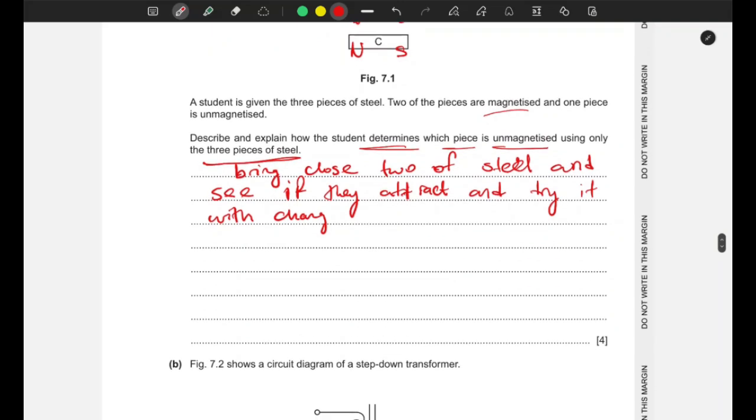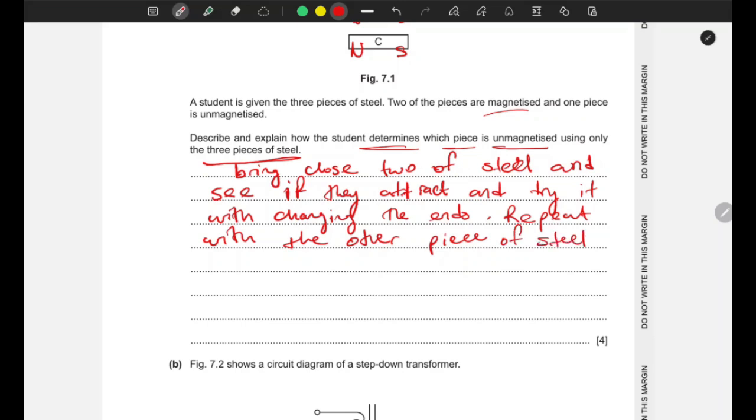So what can I say? What we can say is try with changing the ends, and we should repeat this with the other steel too. So we can say repeat with the other piece of steel.